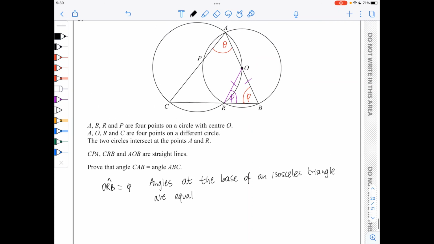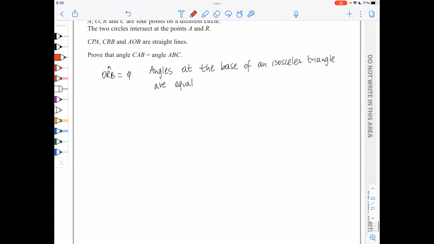Now, we know that AORC is a cyclic quadrilateral, and the opposite angles of a cyclic quadrilateral add up to 180 degrees. So this here should be 180 minus theta. So CRO is equal to 180 minus theta, and the reason is opposite angles of a cyclic quadrilateral add up to 180 degrees.